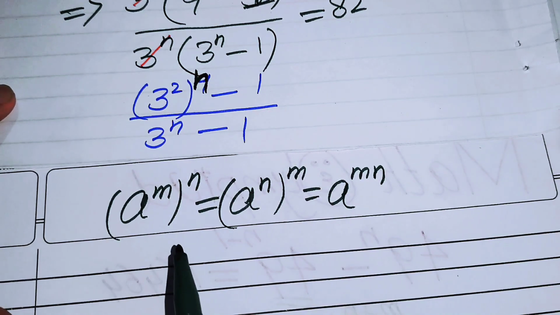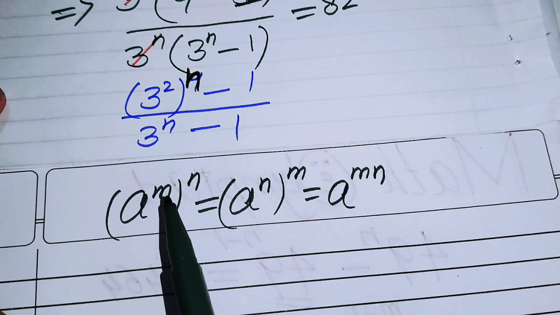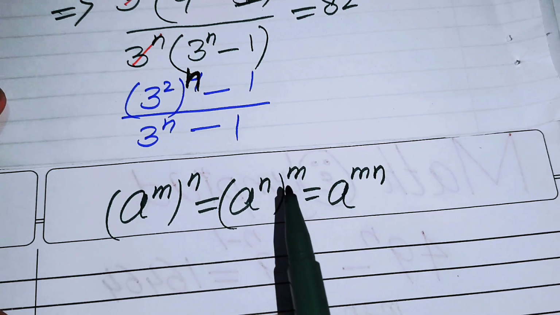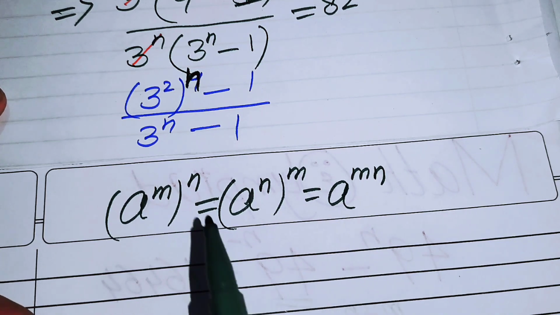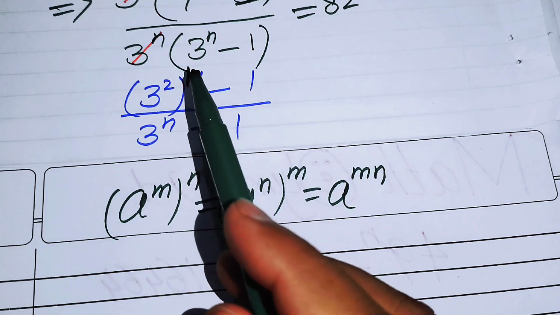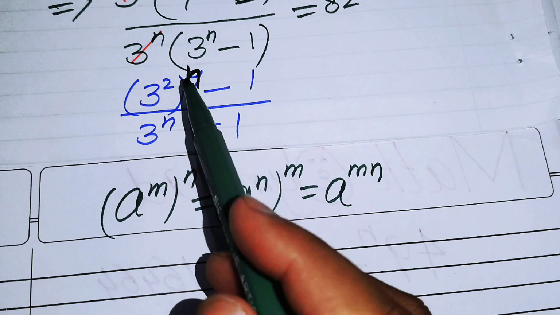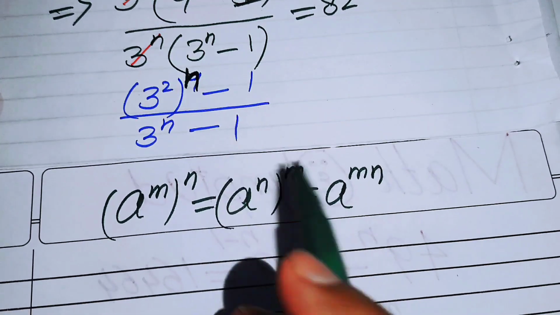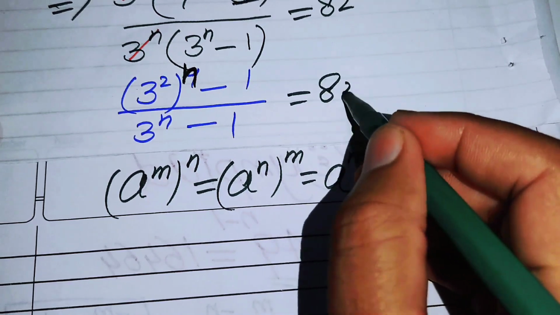This exponential law tells us that if you interchange these two exponents, it cannot affect the final answer. So here we need to interchange these two exponents, and the result is still equal to 82.